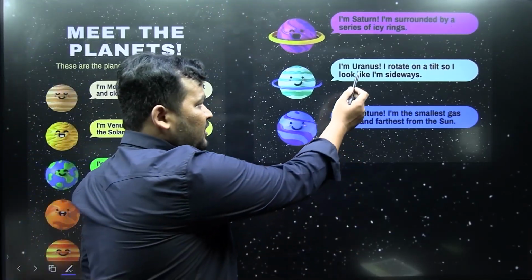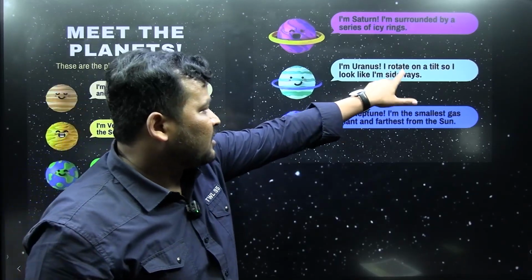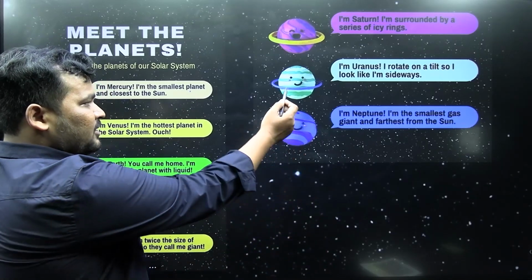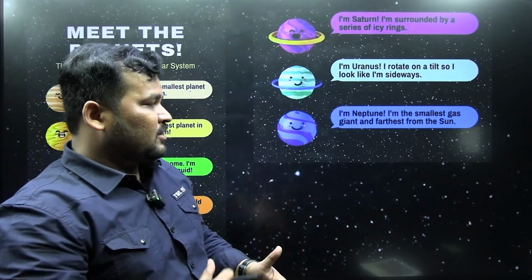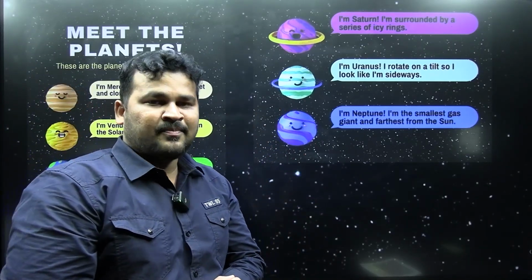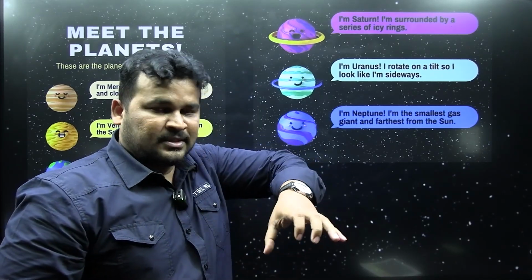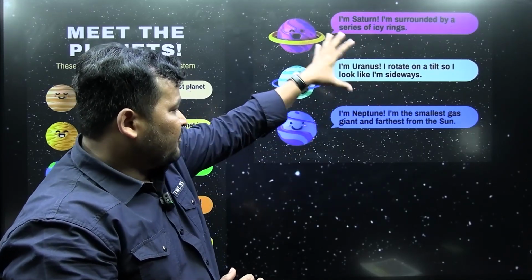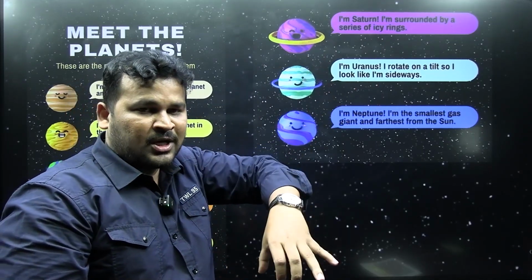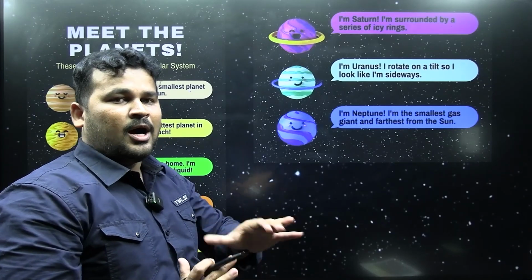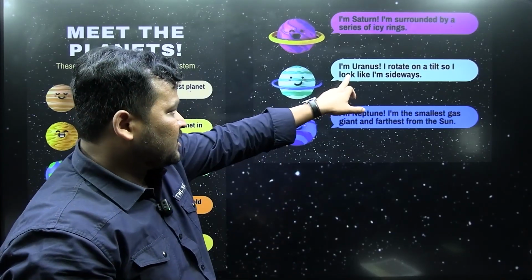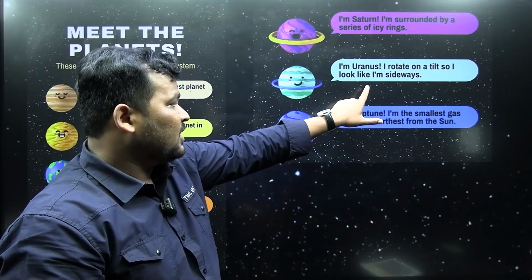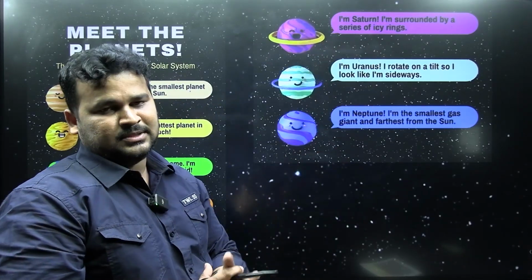Then after that, Uranus. I rotate on a tilt, so I look like I am sideways. In general, the remaining planets are rotating on their own axis. The remaining planets are revolving around the Sun and rotating on their own axis. But coming to Uranus, it is not rotating on its own axis. Instead, it is rotating on a tilt.